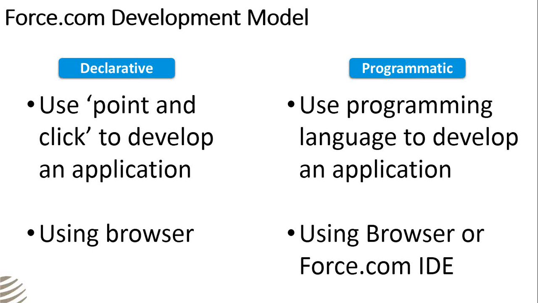In programmatic, if you want to add more advanced features, you can use the programming language to develop an application, and you may need a Force.com IDE for that. In the declarative model, the advantage is that it's easy to use but less flexible. In the programmatic model, you need some expertise, but it's very flexible. You can do whatever you want.